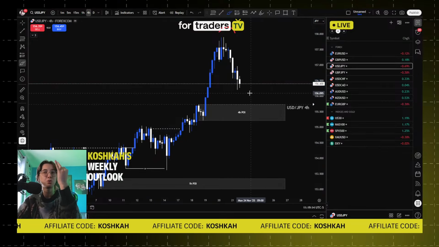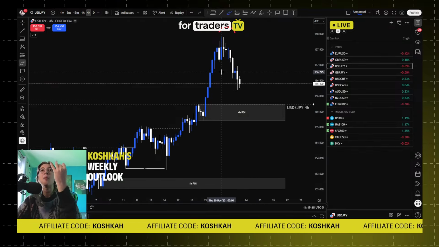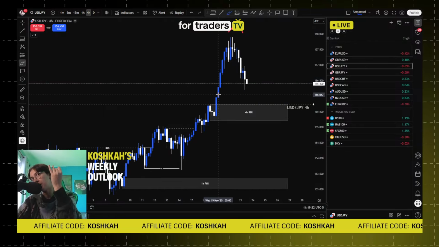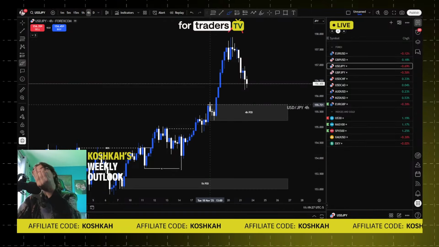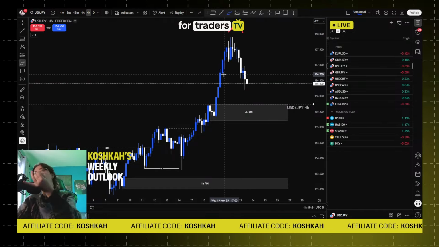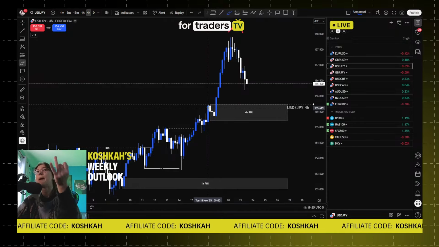So now we have 2 rules more to meet. The next one is the opposite color candle. So if, for example, we're bullish, right? We're bullish, so we want the opposite color candle to be our POI. In this case, my bullish candles, so my candles that are pushing to the upside, are blue, and my white candles are my bearish candles.